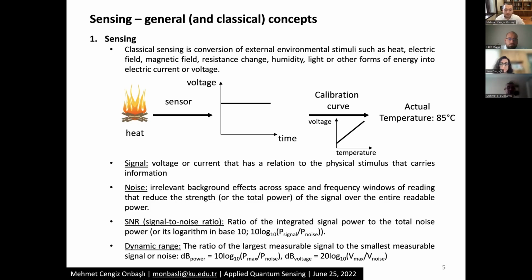And in the dynamic range aspect, we're also referring to the ratio of the largest measurable signal to the smallest measurable signal. In this case, we want to understand the power ratios and their logarithms, or the voltage ratios of maximum and lowest detectable signals, and we want to see how many decades or dBs of differences we can detect.